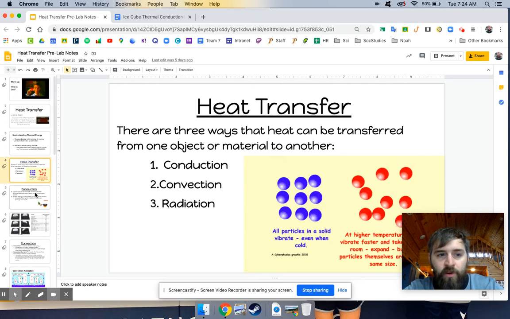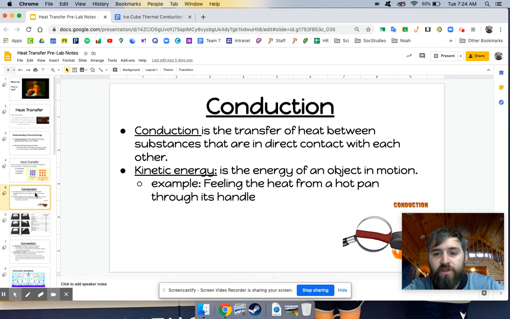Okay, the only thing we're going to take notes on today, as far as the three ways that heat transfers, is conduction. So this is what I need you to write down. It is a kinetic energy because it's moving, but for conduction, I want you to put down: conduction is the transfer of heat between two things, or substances, that are in direct contact with each other.